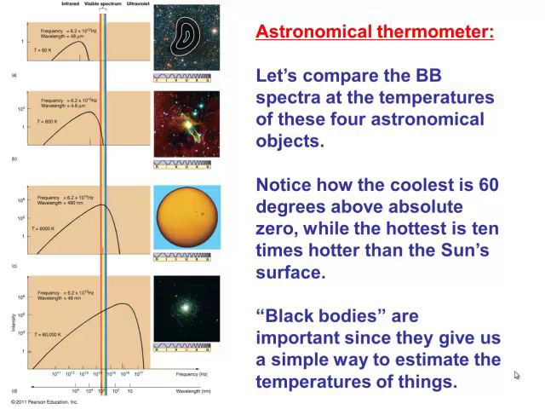And frame D is showing another object, and notice its peak is 48 nanometers, so even less. Its temperature is 60,000 Kelvin, and this represents a star cluster. This particular one is called Messier 2, and this is a picture taken by an orbiting telescope.